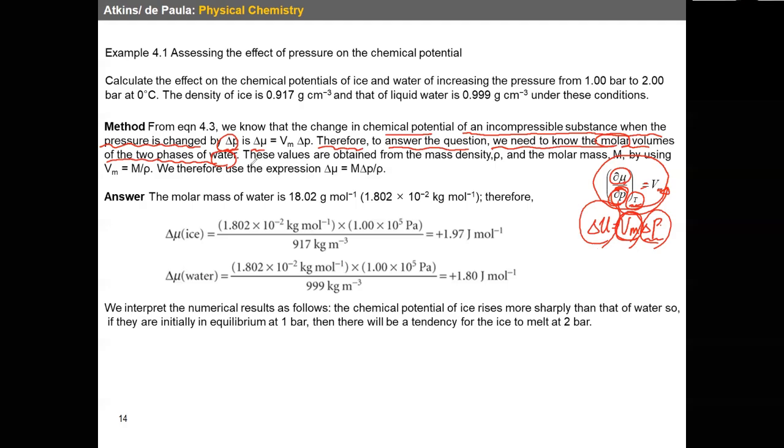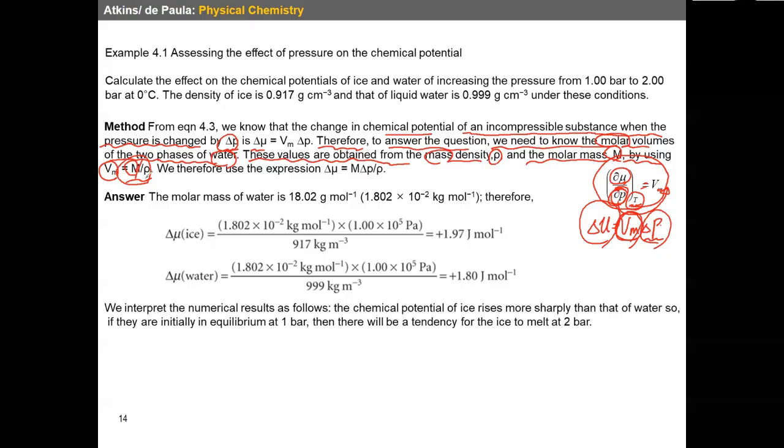The molar volumes are obtained from the mass density relation, where the molar mass is M. Using this equation, Vm equals the molar mass over the density.